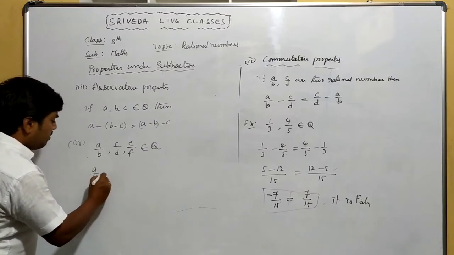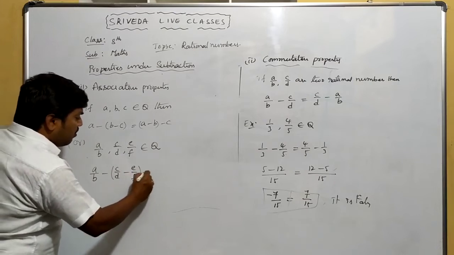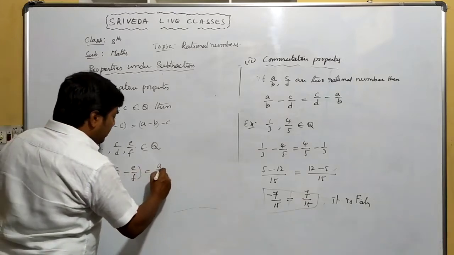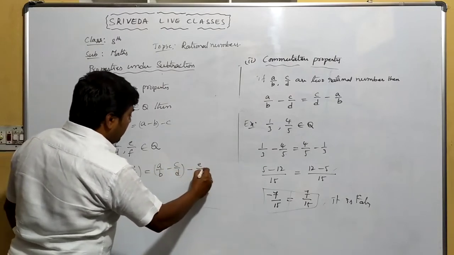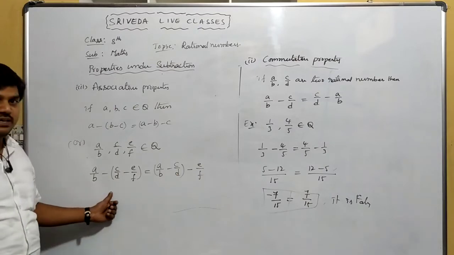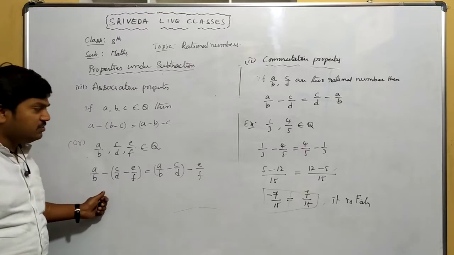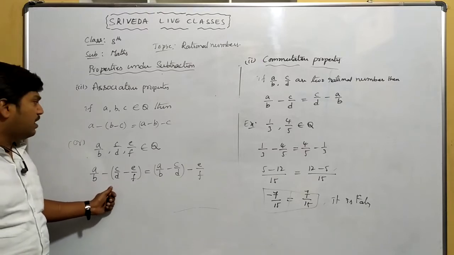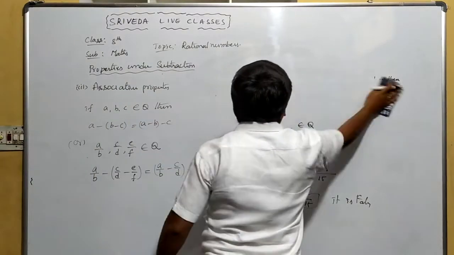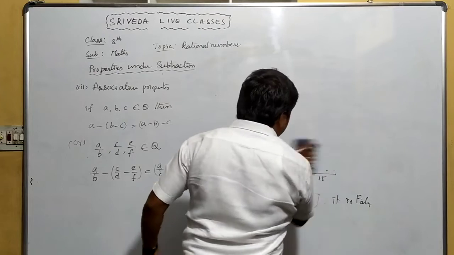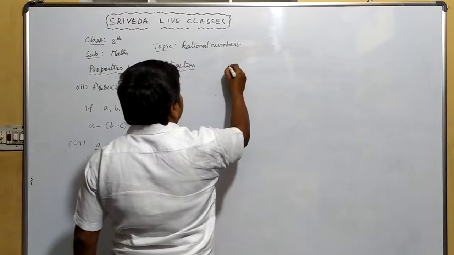Then A by B minus of C by D minus E by F equals A by B minus C by D, minus E by F. This is the associative property under subtraction. We need to verify whether it is satisfied or not. Let us see that. We will take three rational numbers, for example.